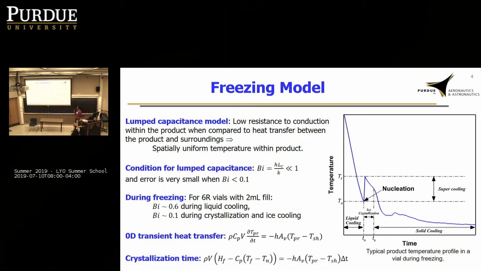This is traditionally what you see during a freezing experiment. Now we are making the assumption that during the entire ice crystallization stage, the temperature stays constant at Tf, the freezing temperature. Then we calculate the time that it takes for this crystallization. And beyond that, the temperature drops again to equilibrate with the shelf temperature, which is calculated using the first equation there, with the 0D transient heat transfer.